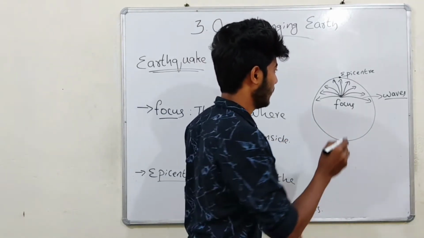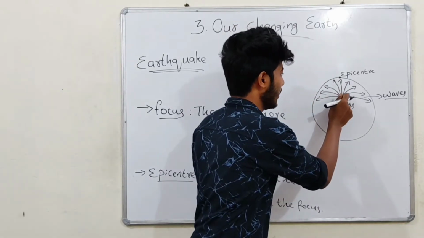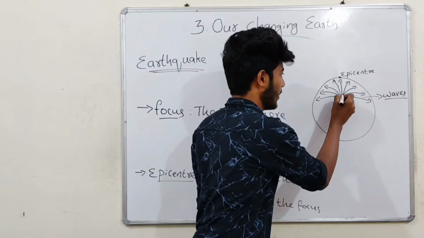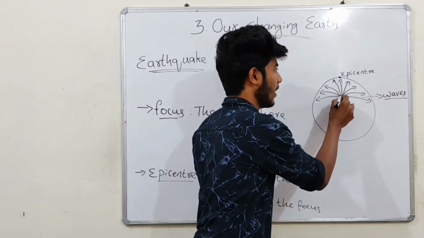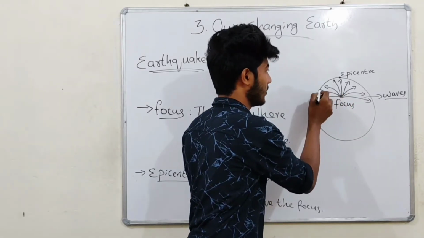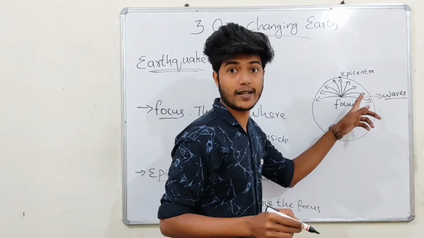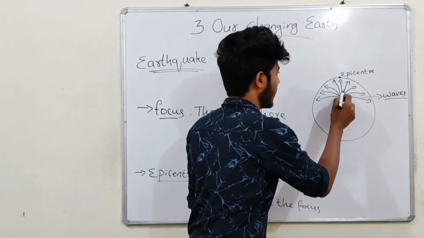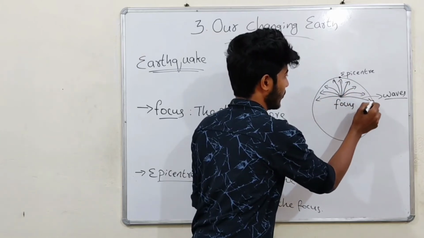Now look at the diagram. I try to make it simple. This point is focus. It is inside the earth. And this is the point where an earthquake is starting. Do you see these arrow marks? These are vibrations. I said about vibrations now. These vibrations reach the surface of the earth.